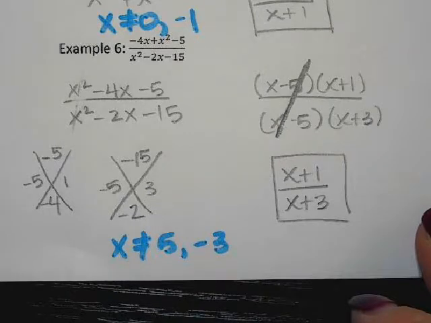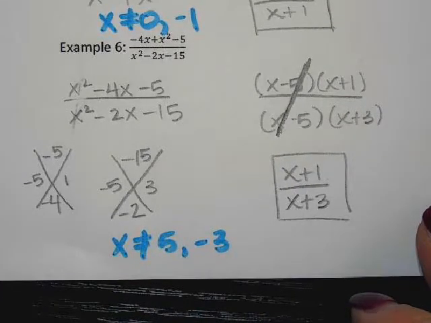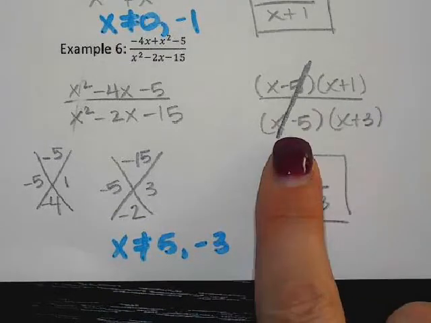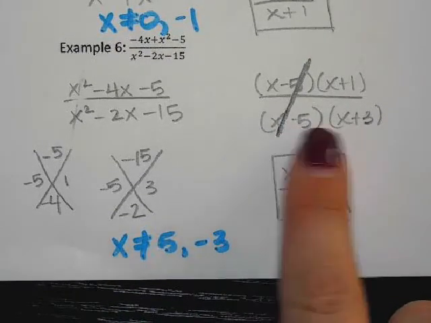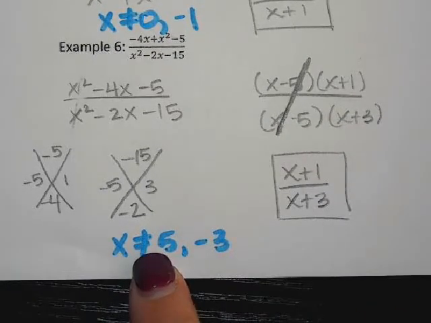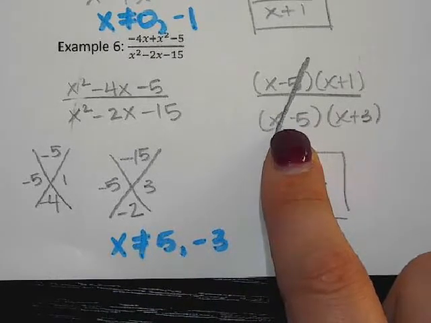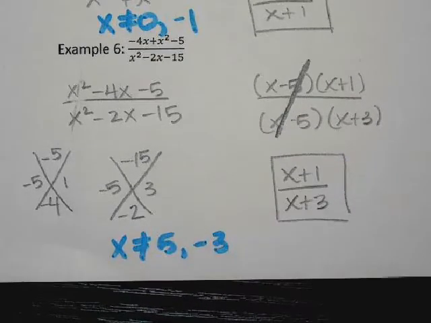What do you look at in the denominator? At the values before you cancel everything, and then you just write down the opposite of those. So you're looking at the factors on the bottom, and then you say it can't equal the opposite sign. That's because the opposite sign is what would make it 0. A positive 5 and a negative 5 make 0, so you want to make sure there are no zeros on the bottom.